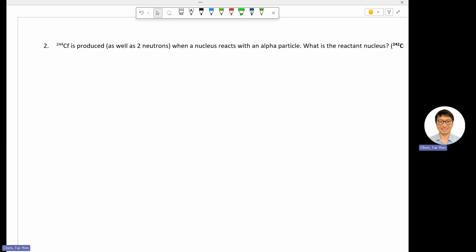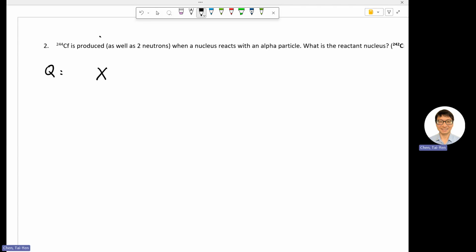Okay, so this is actually a very standard question, right? So you need to write out the equation based on the description. So how do you do that? First, you need to know who is your product and who is your reactant, right? So the question is asking you for the reactant, right?